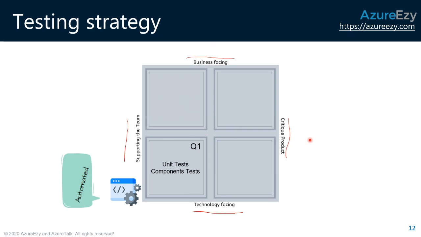Based on the type of these tests, we have enough technology for various platforms which can help you automate them. But if you go towards quadrant 2, these are the functional tests, story tests, prototype tests, or simulations, where it is not entirely based on some script.